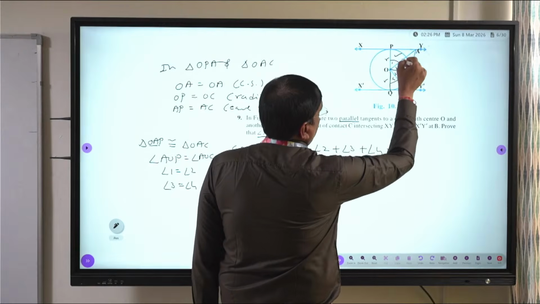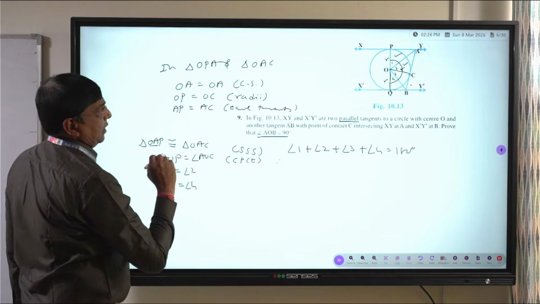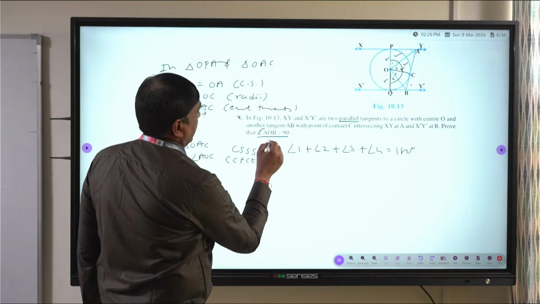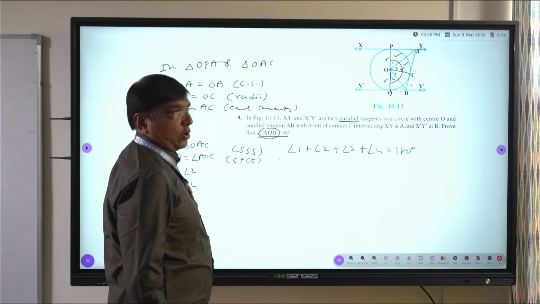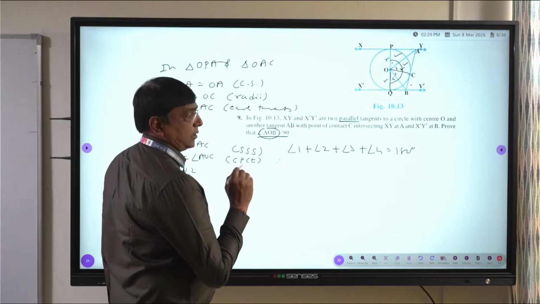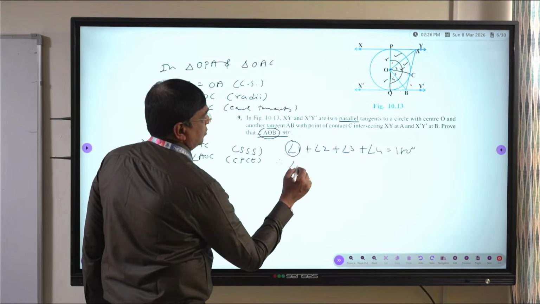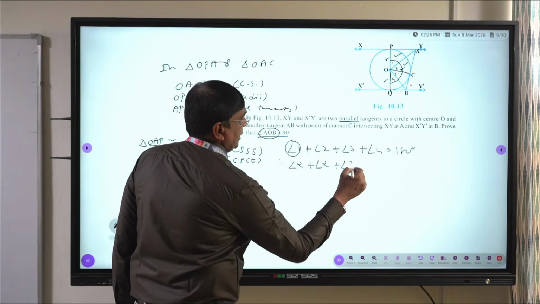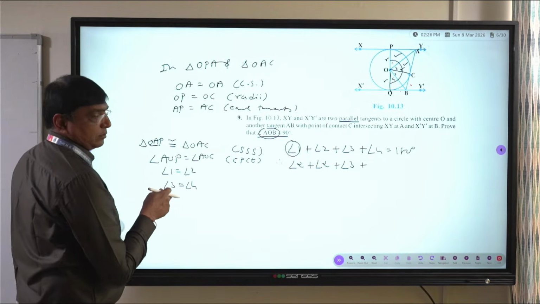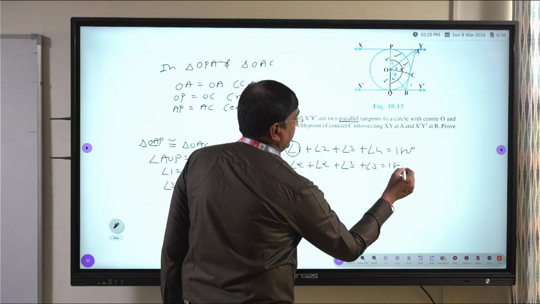We have to prove angle AOB equals 90. We require angle AOB. And AOB is what? Sum of 2 and 3. So we need 2 and 3. Instead of 1, we can write 2, and instead of 4, we can write 3. So 2 plus 2 plus 3 plus 3 equals 180.